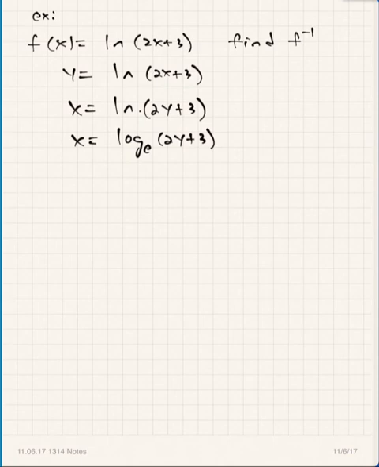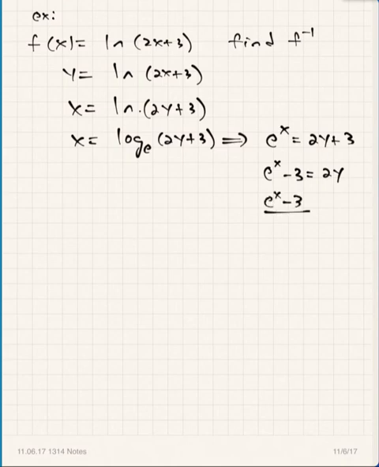And so then write this in its corresponding exponential form, and the exponential form for this would be e to the x equals 2y plus 3. And then solve for y, finally. So subtract 3. And then finally divide by 2. So you have e to the x minus 3, all divided by 2, is equal to y.